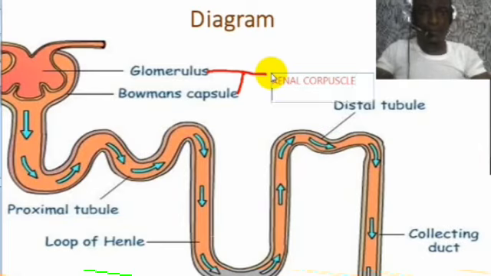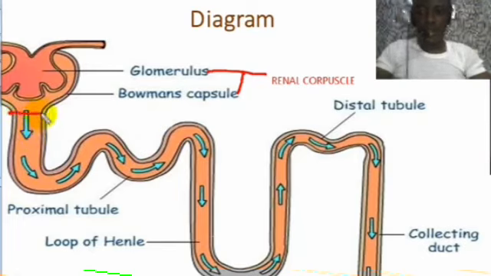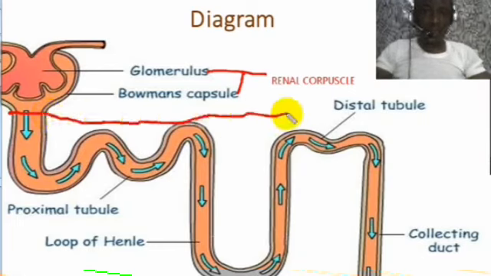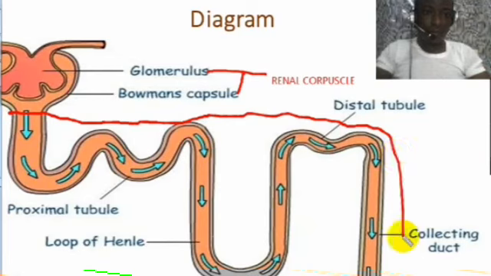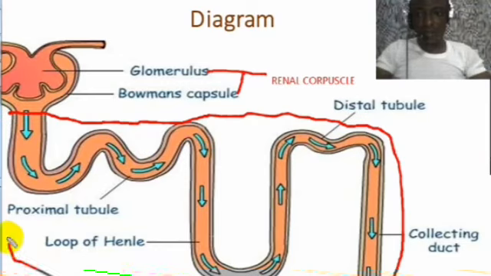The whole of this part forms the tubular portion of the nephron. The whole of this part, I just want to put them in a circle, forms the renal tubule.